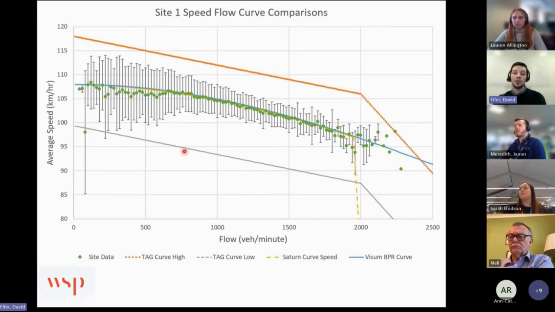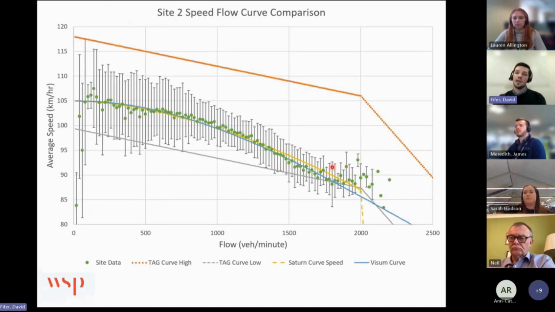And the initial gradient, again, doesn't really fit the data because we've got more of a polynomial curve, which we can see from how well the SATURN and VISM curves fit, with the VISM curve perhaps fitting slightly better than the SATURN curve. And we can also see that the SATURN curve after capacity does not match the data at all.